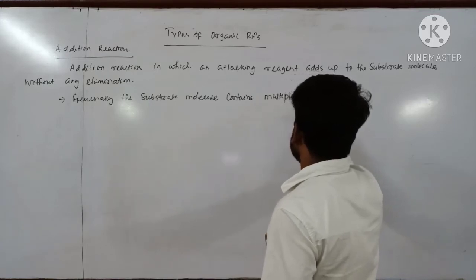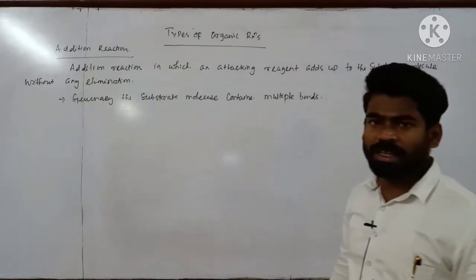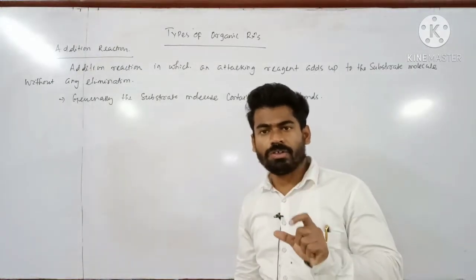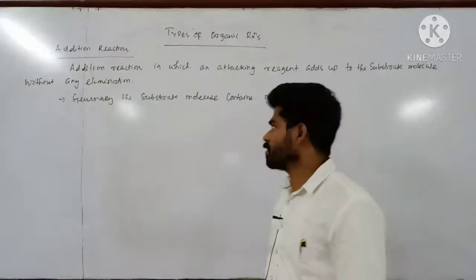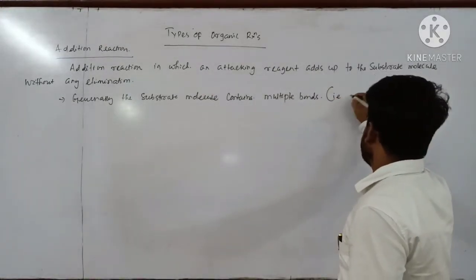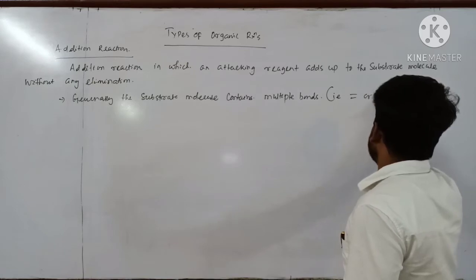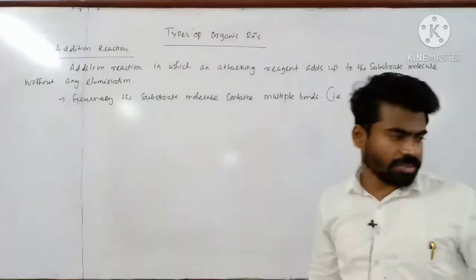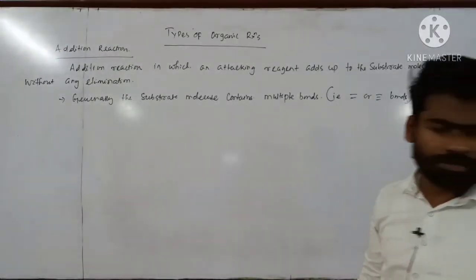Multiple bonds means there is presence of pi electrons, and a pi bond is a very weak bond through which addition can take place. Multiple bonds, that is double or triple bonds. Clear?